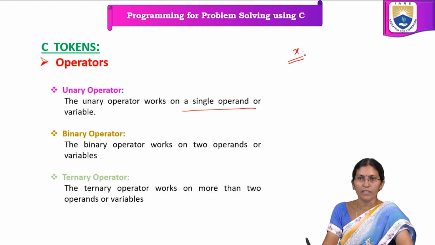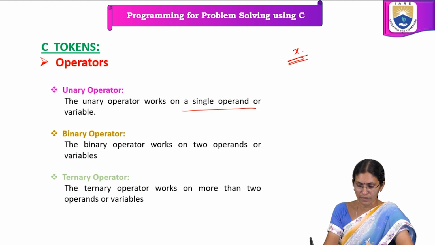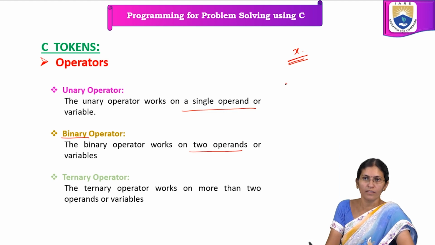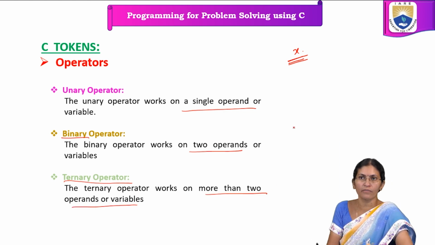The binary operator, as the name itself says, works on two operands or variables. The ternary operator requires three operands or variables.